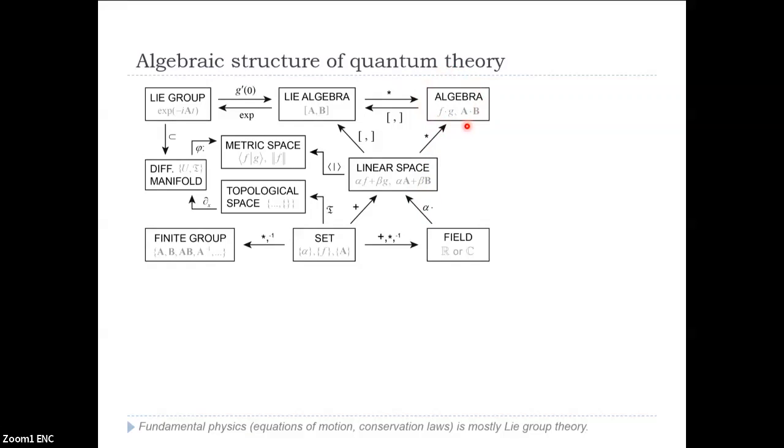It's slightly richer than a space because you can also multiply its elements together. So the set of all functions, for example, a set of all Gaussians is an algebra because a product of two Gaussians is another Gaussian at their center of gravity. So it is closed under that transformation. Or a set of all matrices can be viewed, excuse me, as an algebra because you can multiply them together and the result is also a matrix.